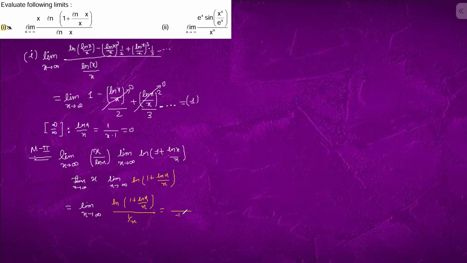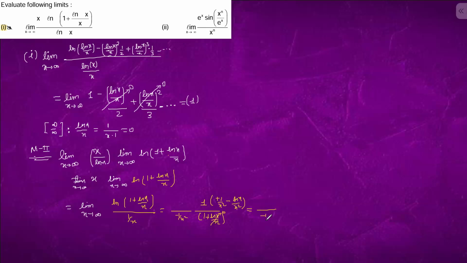We will differentiate 2 times. It will become 1 by (1 + ln x / x), and the differentiation of ln x / x is 1 by x square minus ln x / x square. Now ln x / x is 0.